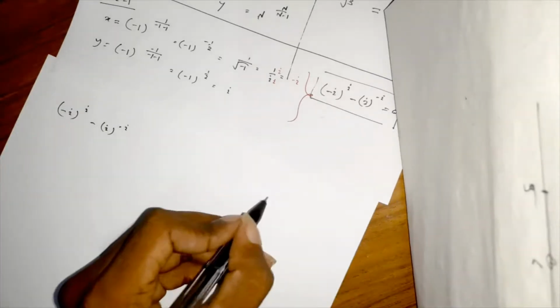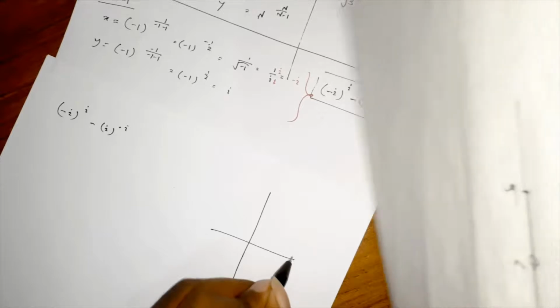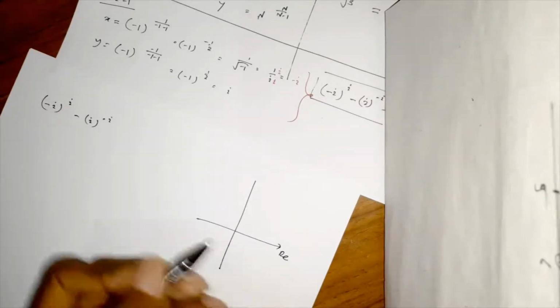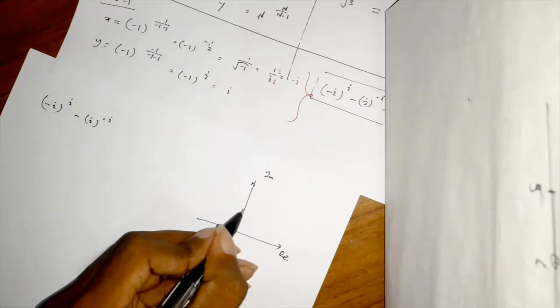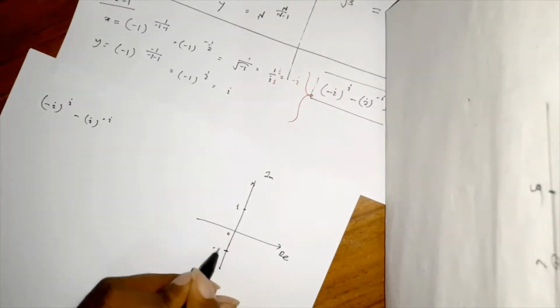Here's our complex plane: the real axis, the imaginary axis, and there's i and there's minus i.